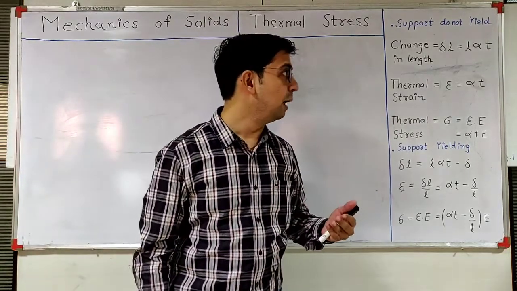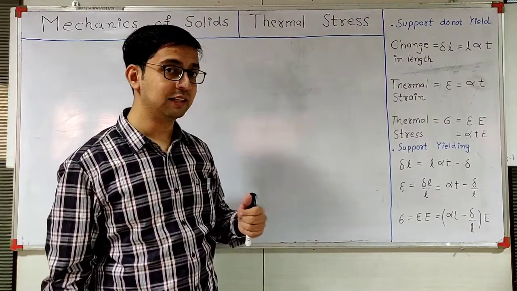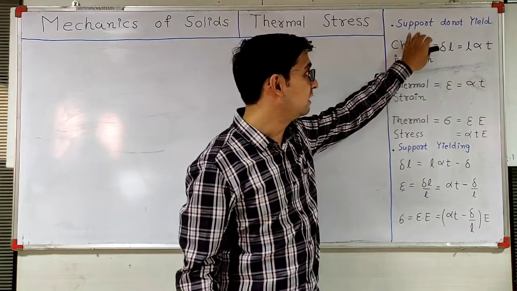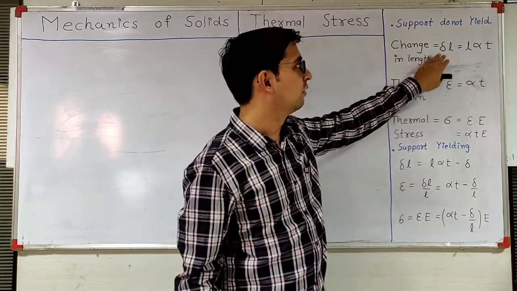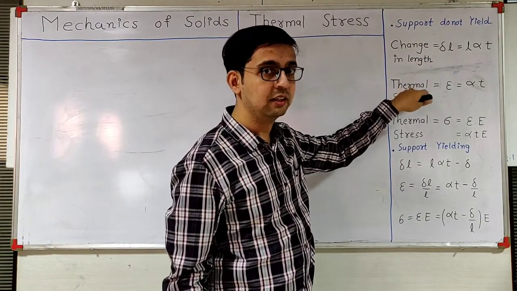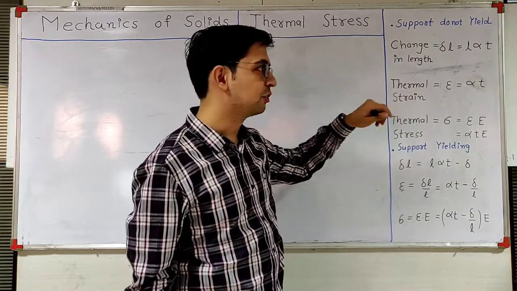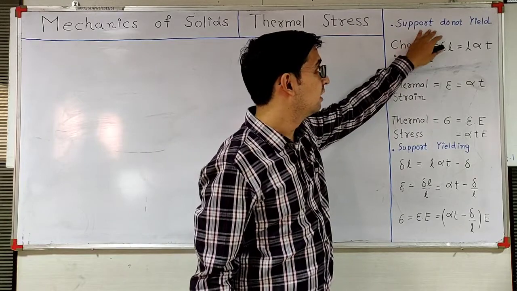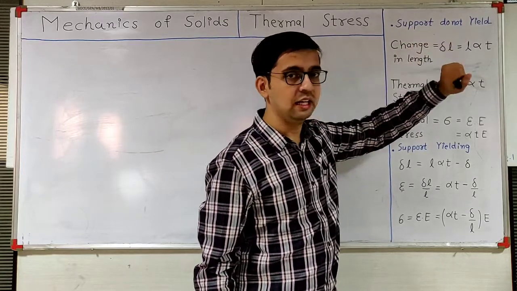To solve applications of thermal stress, let's learn the prerequisites for the session, in which we need the equations of change in length, thermal strain, and thermal stress. There are two conditions, and the first condition is that supports do not yield.